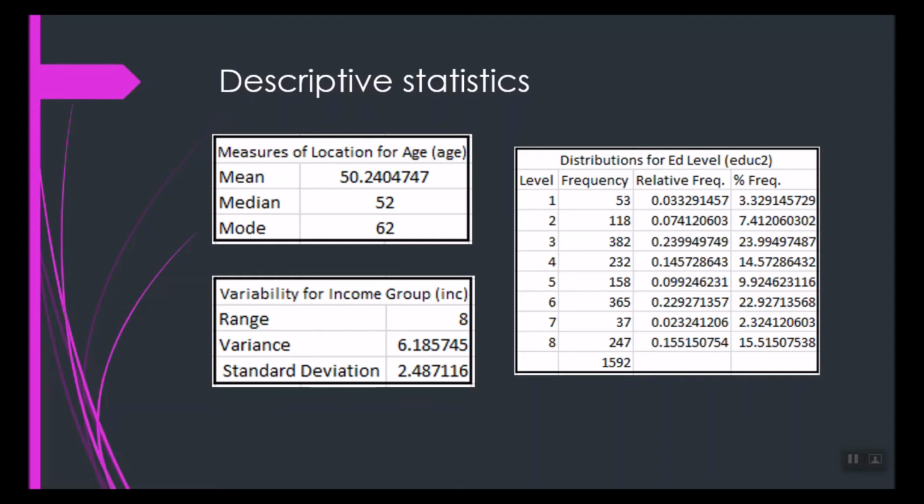And then it also tells that, just by looking here very quickly, you can tell that the education level with the most participants is level 3. And so these statistics make it very simple to understand the type of people that are participating in studies such as this one.